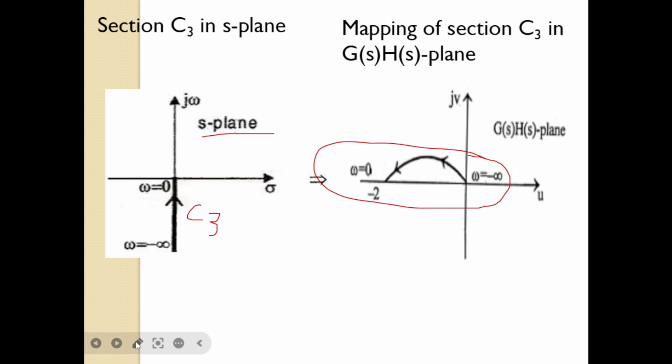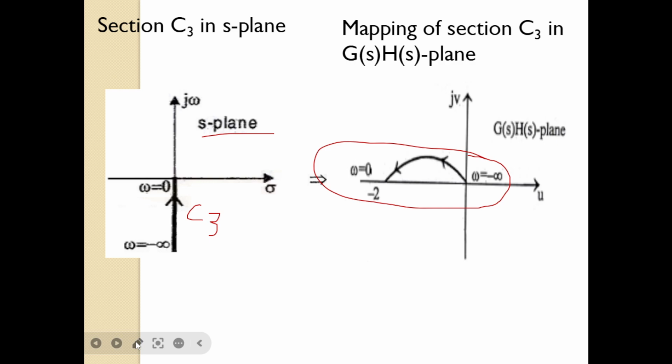So this is our Nyquist contour, and this plot is traveling in the anti-clockwise direction, and it is encircling the -1 plus j0 in the anti-clockwise direction only once. How many times is it encircling -1 plus j0 in the anti-clockwise direction? Only once.